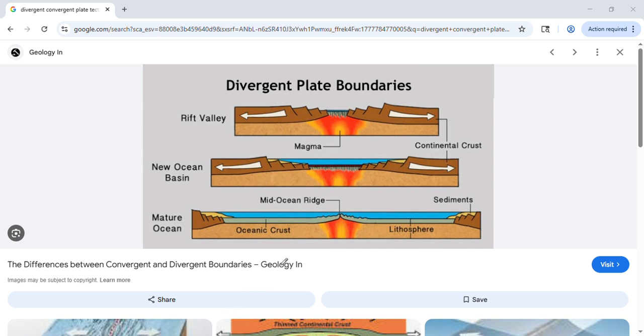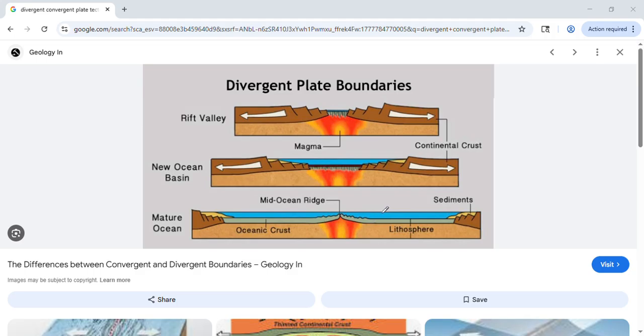Next question: what is paleomagnetism, and how does it support this theory? Paleomagnetism is the study of Earth's magnetic field that is preserved in rocks.